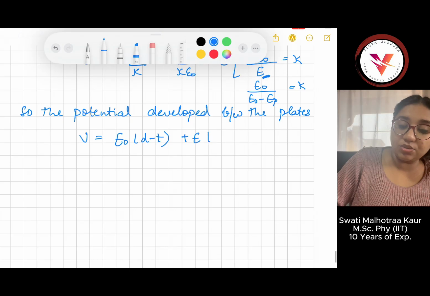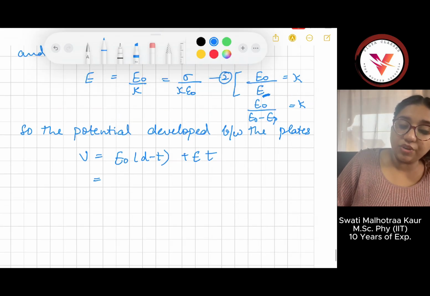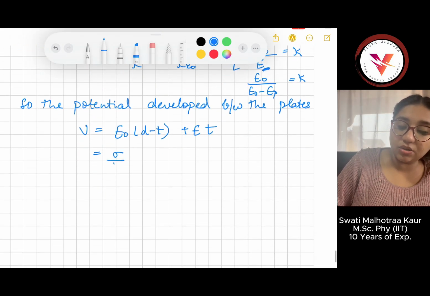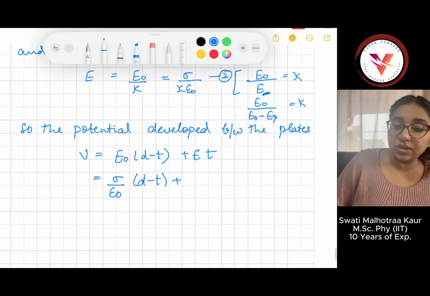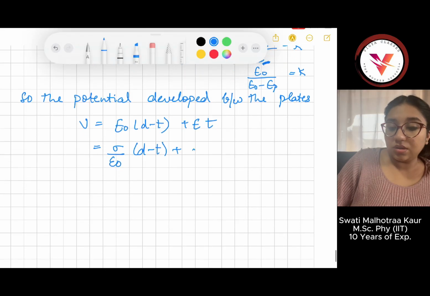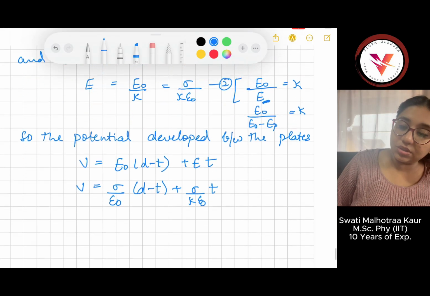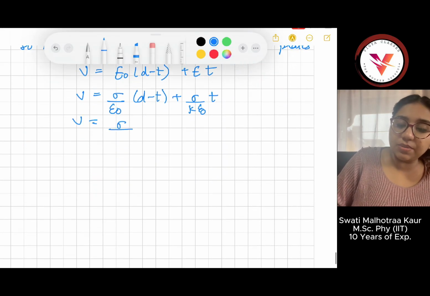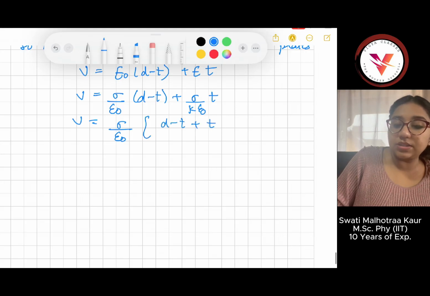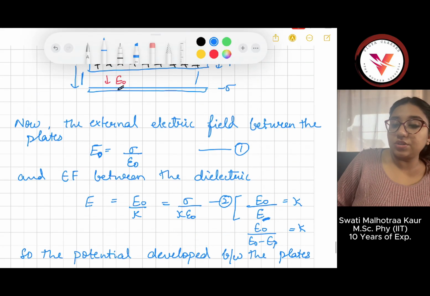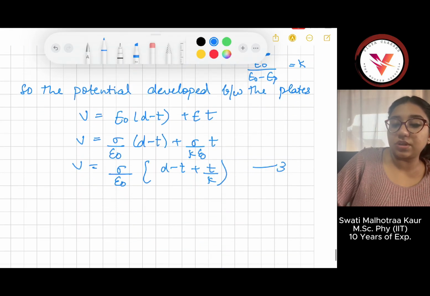So plus E into t. Just put the value of E naught and E. E naught is sigma by epsilon naught times d minus t, and E is sigma by kappa epsilon naught times t. Fine. Just put that as an equation. Okay, first we can take sigma by epsilon naught as common: d minus t plus t by kappa. Now just mark this as equation number 3.